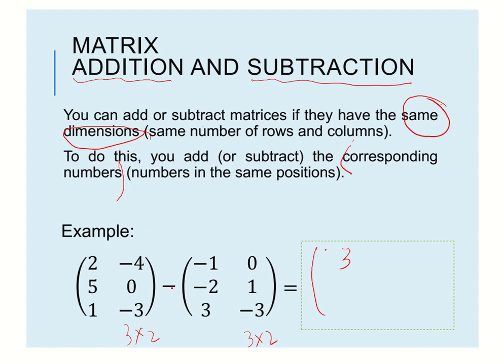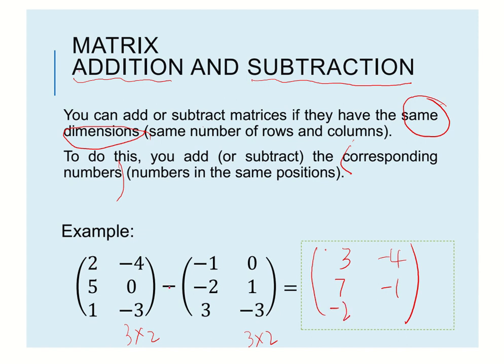Negative 4 minus 0 is negative 4. 5 minus negative 2 becomes 5 plus 2, which is 7. 0 minus 1 is negative 1. 1 minus 3 is negative 2.